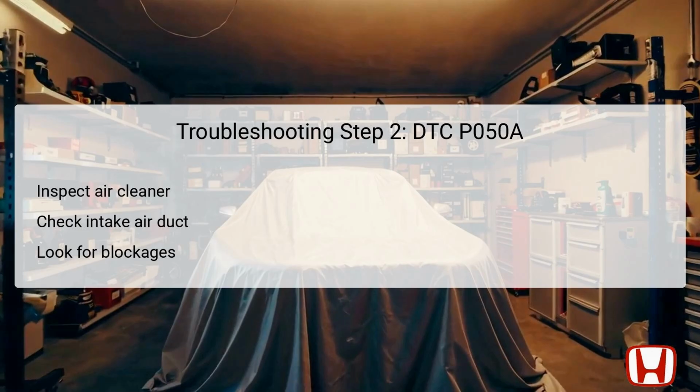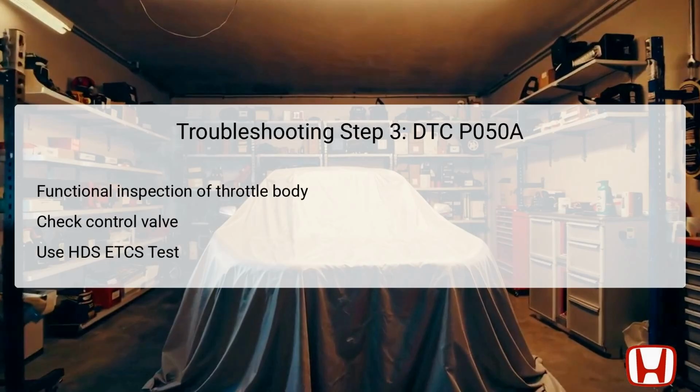Following this, visually inspect the intake air duct and air cleaner housing for any physical damage or blockages. It's crucial to check connections to make sure they are secure. An obstruction in these areas can result in incorrect airflow readings being sent to the PCM, further complicating the performance issue. This step is vital for ensuring that the intake airflow is unobstructed and functioning as it should.